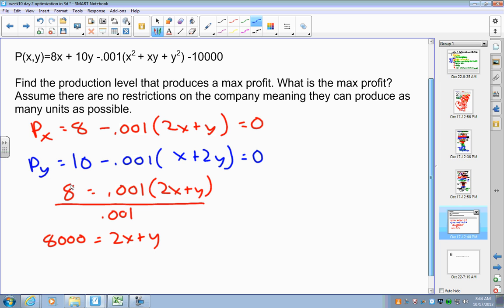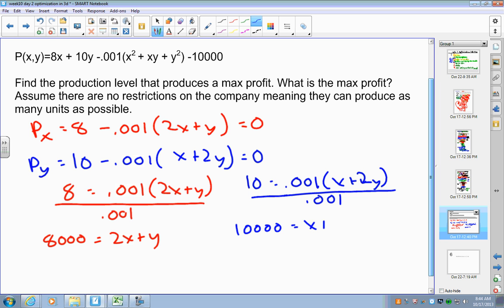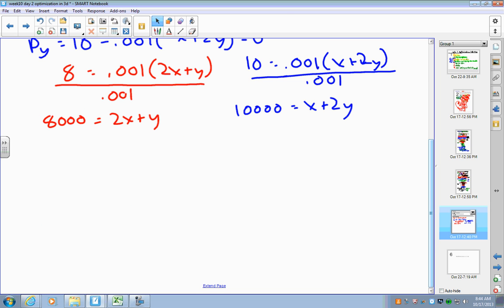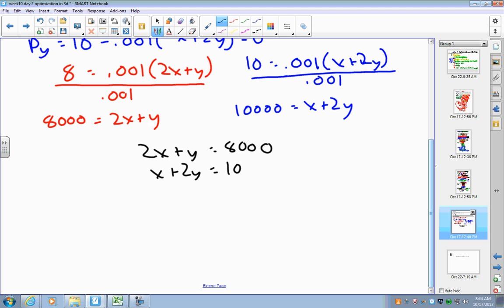On the blue guy, I could do the same thing. 10 equals 0.001 x plus 2y divided by 0.001. And I get 10,000 equals x plus 2y. Okay. Now, maybe I line it up as, okay, so I got 2x plus y equals 8 grand. And x plus 2y equals 10 grand.